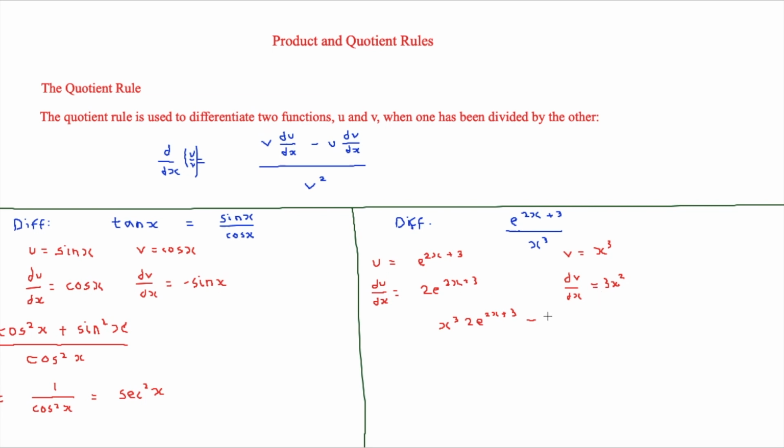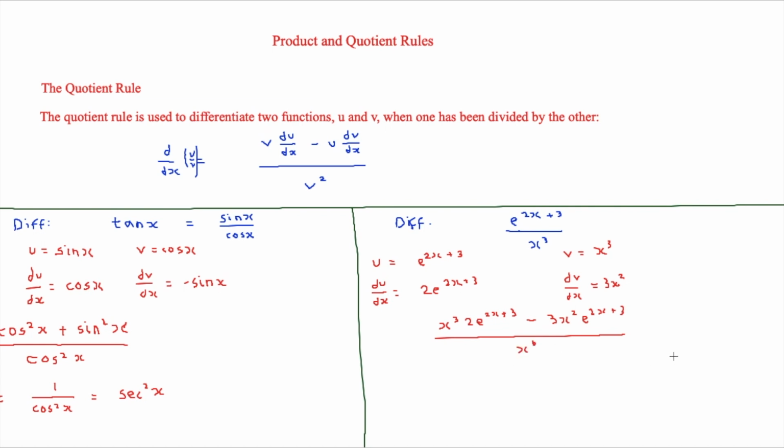So it's going to be minus 3x squared, and then e to the 2x plus 3. This is all over x cubed squared, that is v squared, so that means that we're going to get x to the 6.